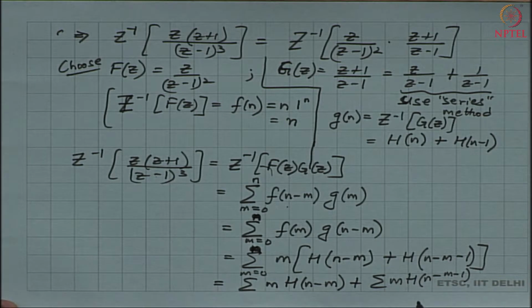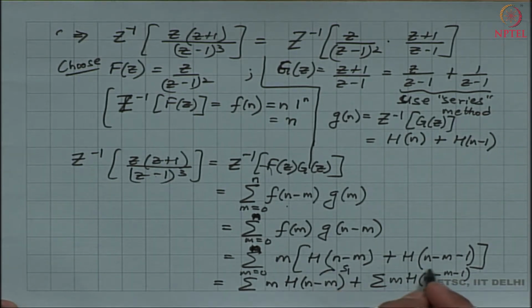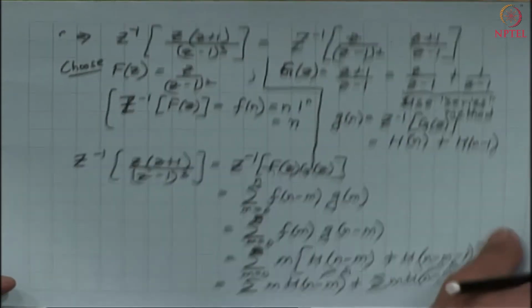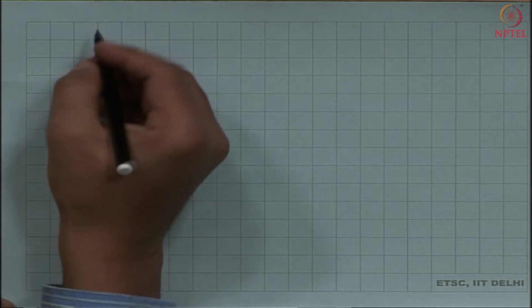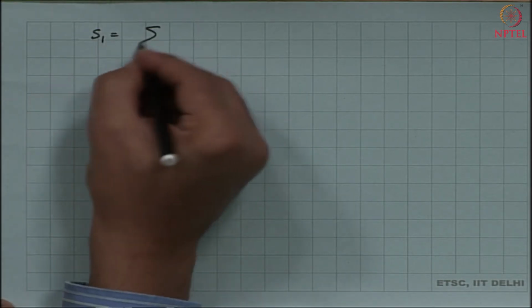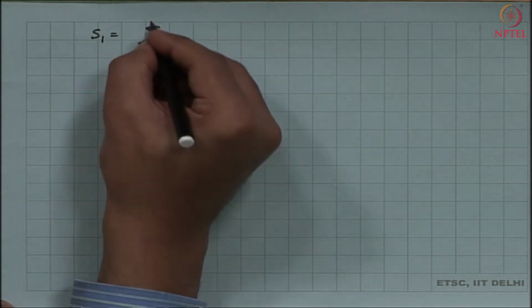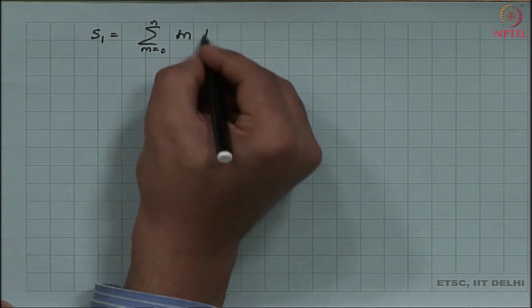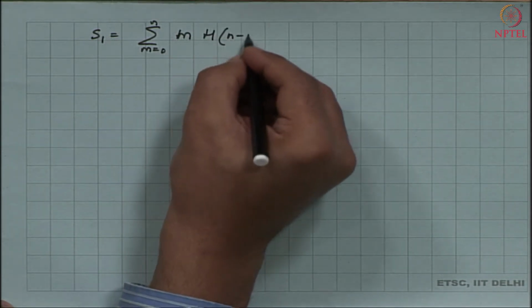Okay. So, let me call this S1 and this second sum S2. So, let us see what S1 is. S1 is the following sum, m from 0 to n, m times h of n minus m.